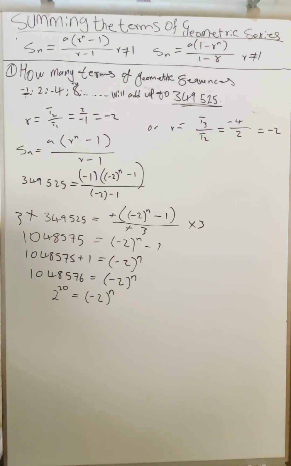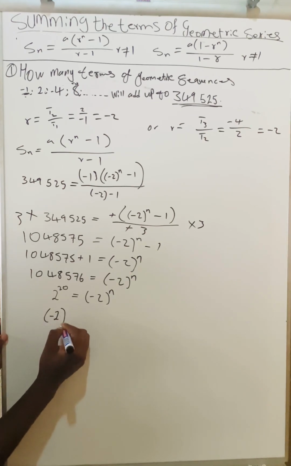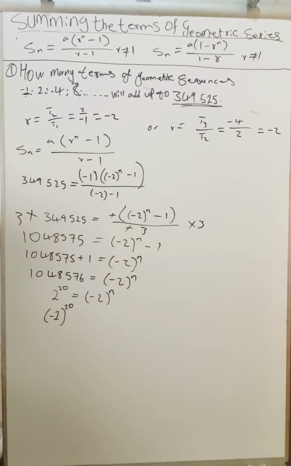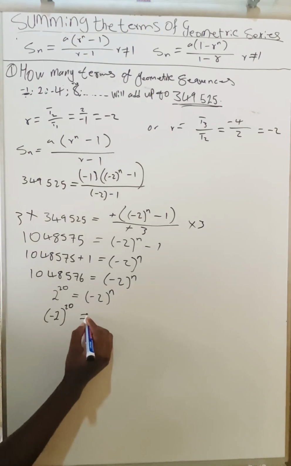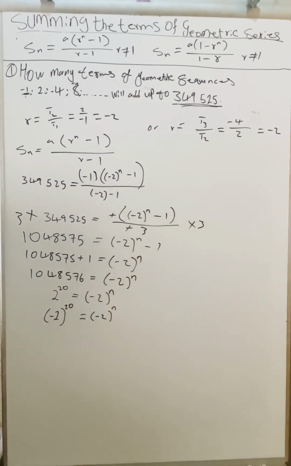You need the base to be the same. You can write this as (negative 2) in brackets, then squared, which is still the same as this one because we put it inside the brackets. It's still the same. Then we say equal to (negative 2)^n.